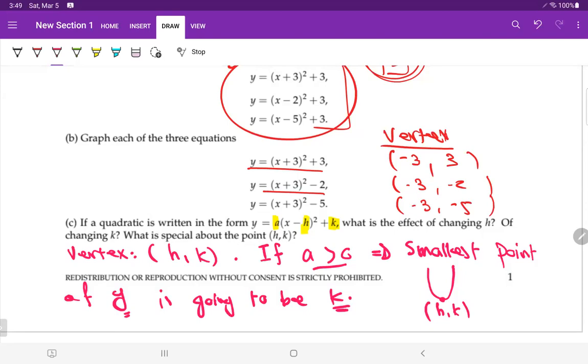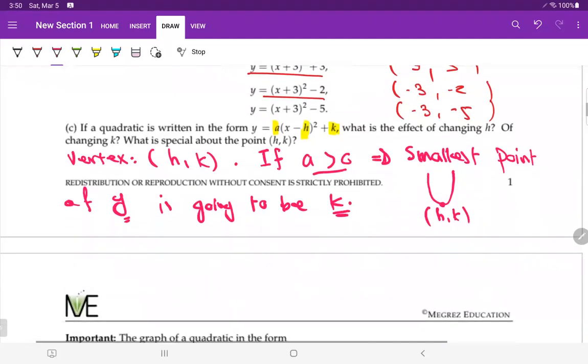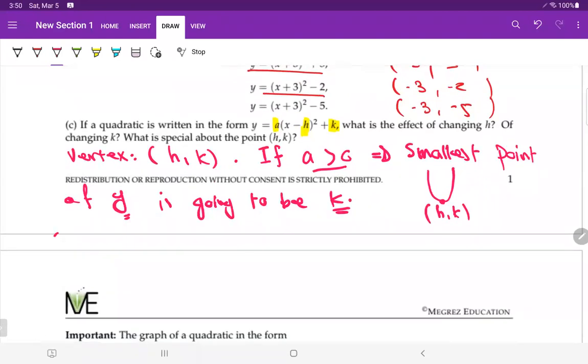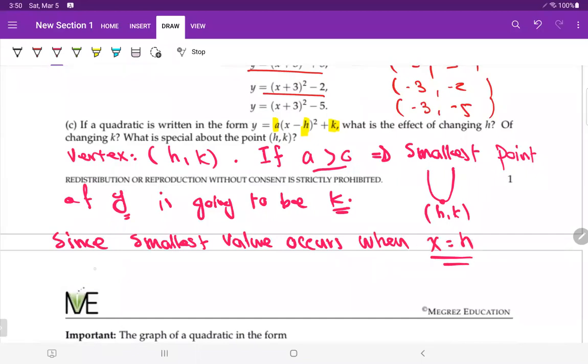Why is it going to be K? Because the smallest value occurs when X equals H, and H minus H is going to be 0. So Y is going to be K. There's no need to do this, but it's okay.